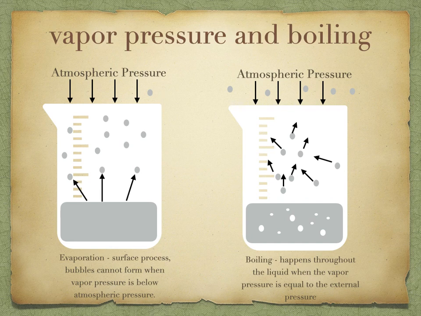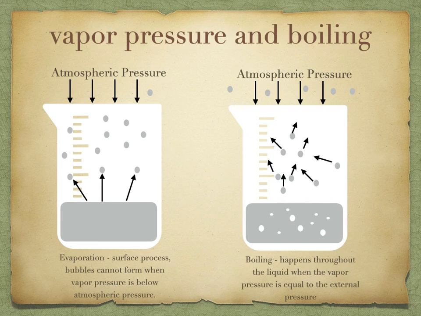And the reason for that is that below the boiling point, atmospheric pressure is going to keep any bubbles from forming inside that liquid. So only fast-moving particles on the surface can escape the attraction of the liquid particles and evaporate. Most of that gas, of course, when you're below the boiling point, hovers and creates a vapor pressure above that liquid.